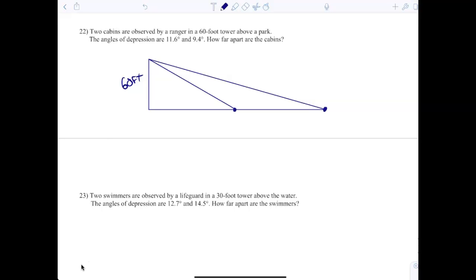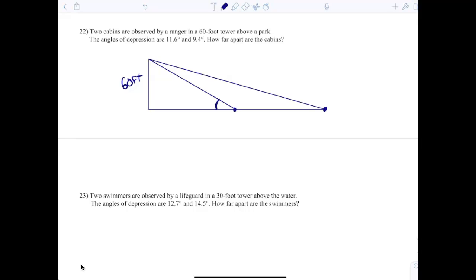Now, what is this angle right here? Somebody tell me what this angle is. What is the degree measure of that angle? Is it 9.4 or is it 11.6? Does that make sense, right? The closer you are, the bigger the angle created.